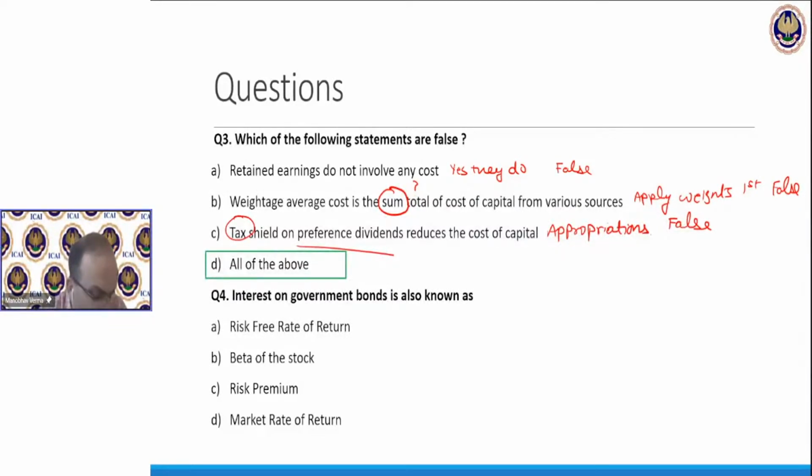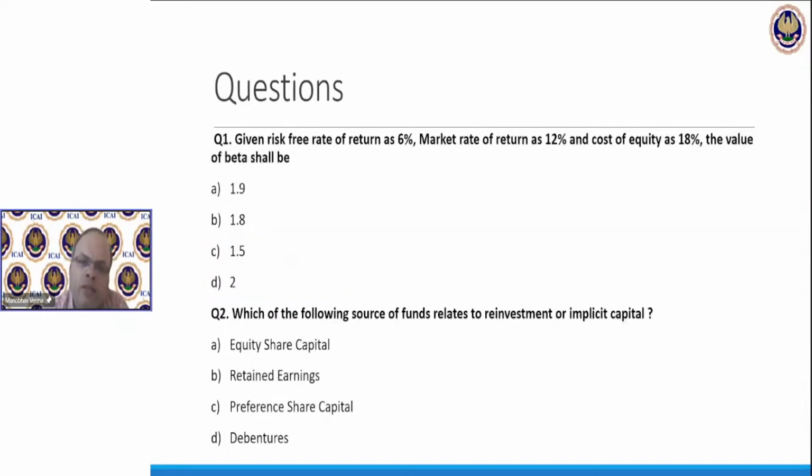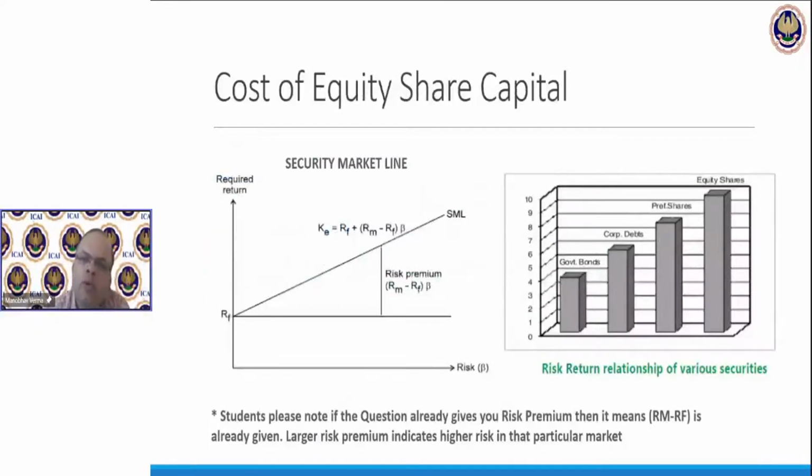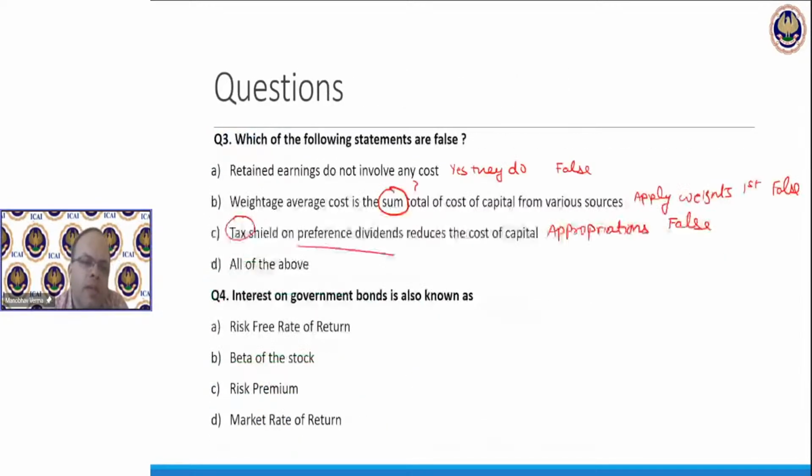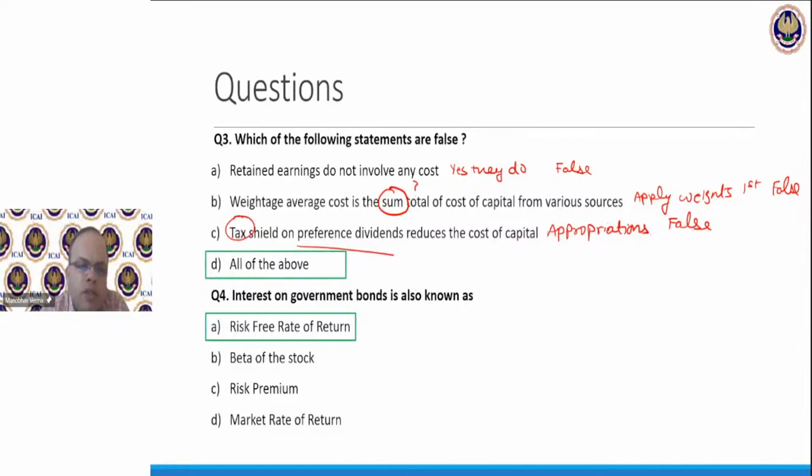Interest on government bonds. So by the way, the answer for that question lies in our security market line graph. We discussed this specifically towards the end of the last lecture, that when it comes to the government bonds, these are the ones which are considered as a risk-free rate of return, and hence the correct answer over there would be option number A. So I hope those of you who said other options probably missed out that point.